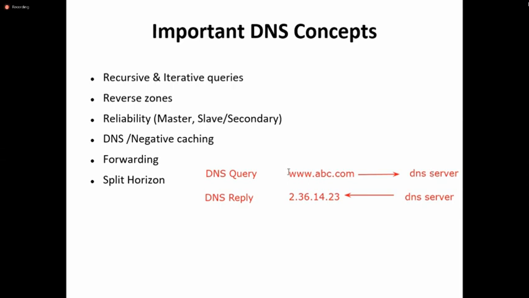and in the server it will check if this entry is there, right? Or if there is a cache value of this. So if not, then it will be forwarded to another server, and then it keeps on forwarding through the DNS servers and eventually goes to the root DNS server, right?